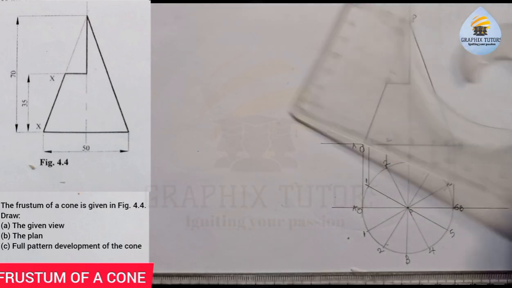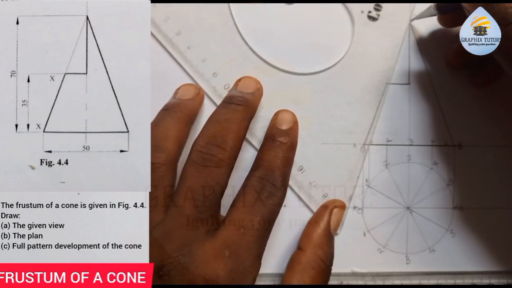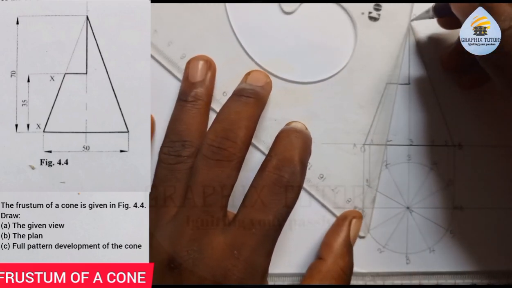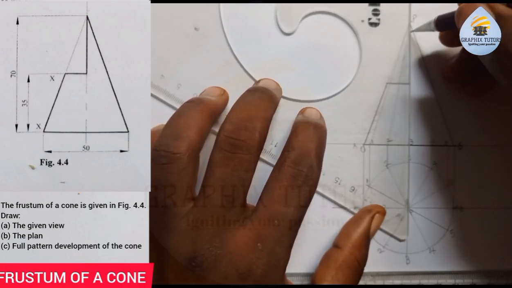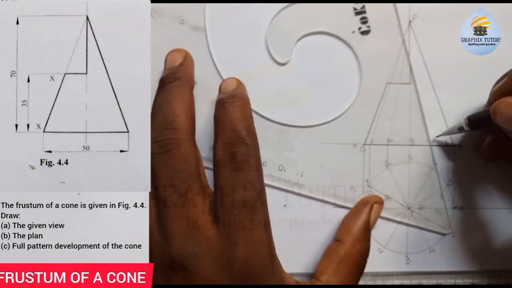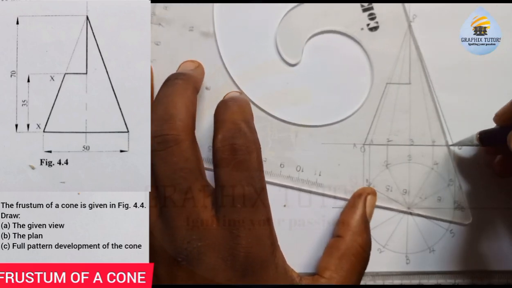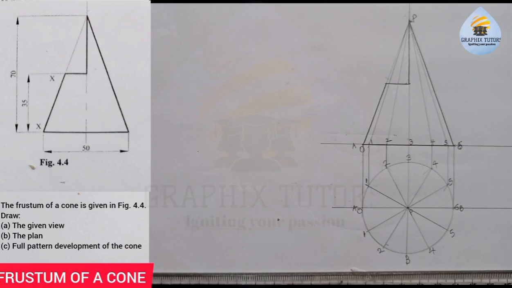Now you project this point to meet it at the apex point here. So from 1, go 2, 2, 3. It's going there. It's already there. 4 to the apex point. 5 to the apex point. You can see that. Now, first of all, let's start.